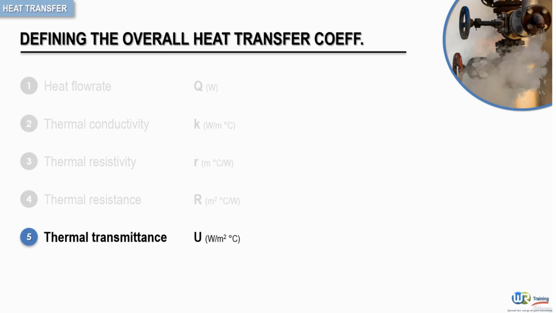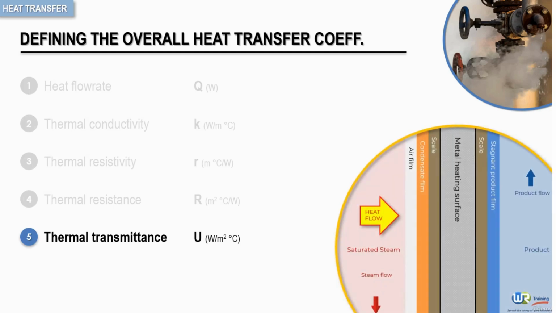The previously mentioned films of condensate, air, scale, and product either side of the metal wall can have a significant effect on the overall thermal transmittance, and because of this, it is worth considering the whole issue of heat transfer across a simple plane wall and then a multi-layer barrier.